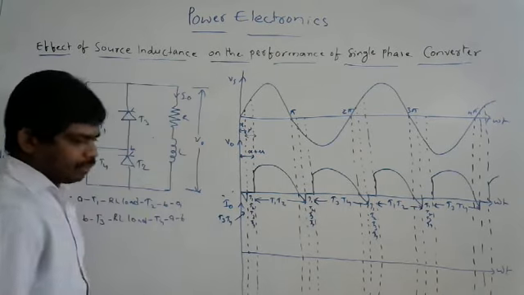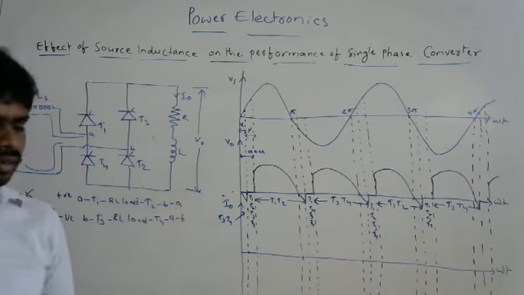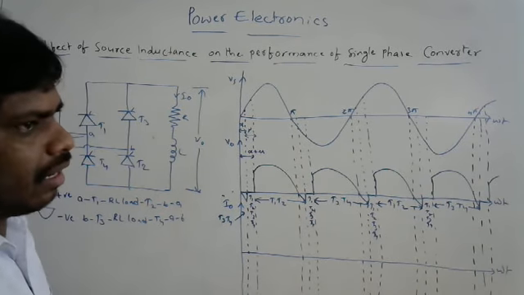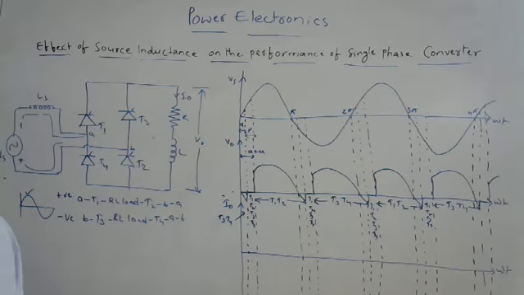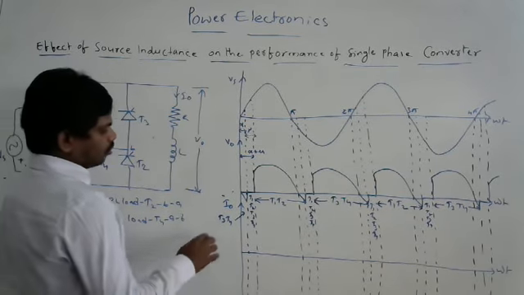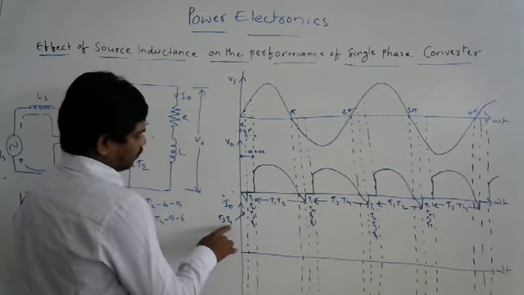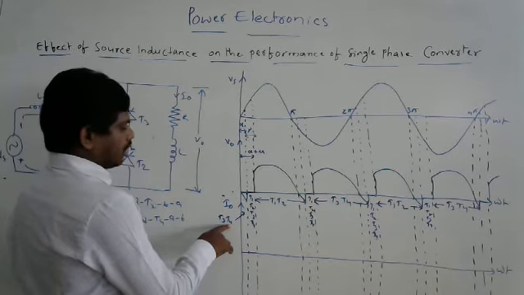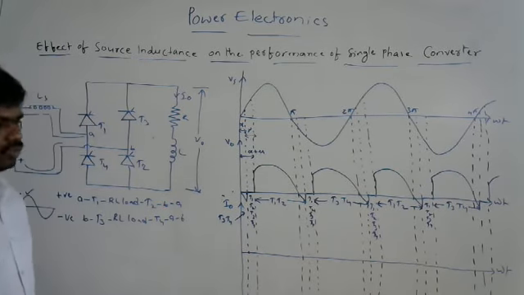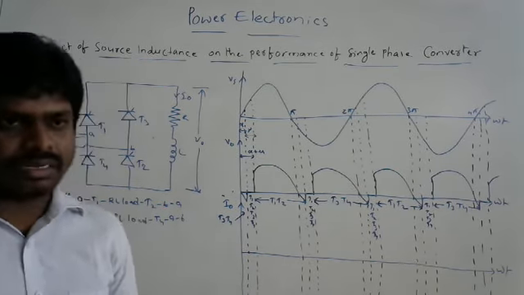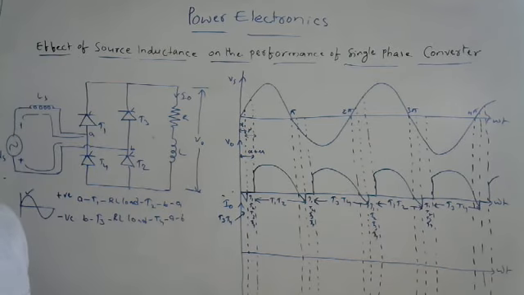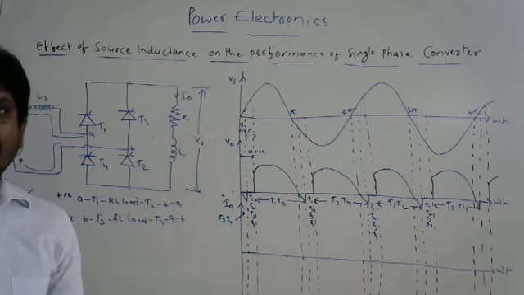What do you mean by overlap angle? It is the angular period where incoming and outgoing thyristors are conducting. What are the incoming thyristors? What are the outgoing thyristors? T3 and T4 are the outgoing thyristors. T1 and T2 are the incoming thyristors. Why do we call the thyristors like that? As we know, we are applying the firing pulse to the incoming thyristors.